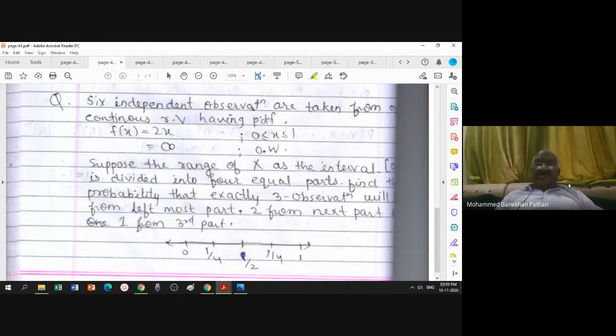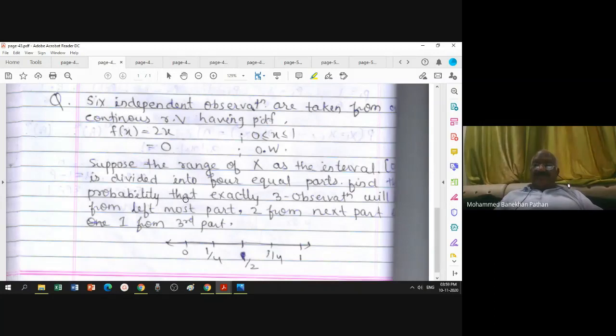Suppose the range of capital X, the interval 0 to 1, is divided into 4 equal parts. That means this range of the variable is divided into 4 equal parts.